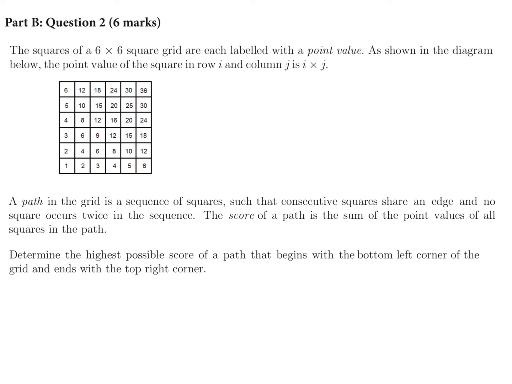Okay. At first I thought, if you want to maximize the score, use the maximum numbers. So if you were going to draw a path starting here and ending there, just use all the numbers. And then I tried to do that.